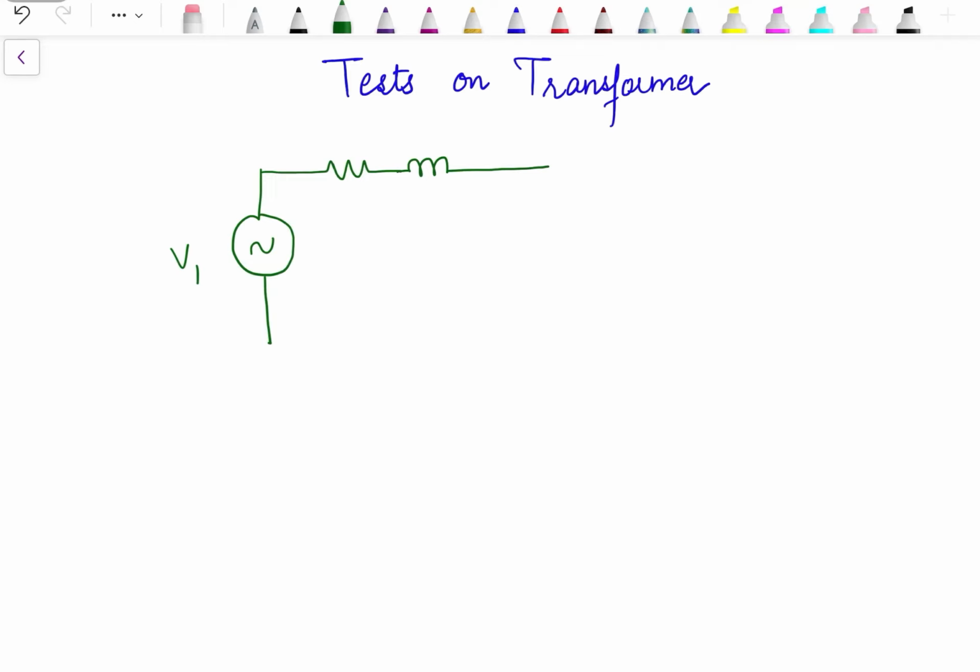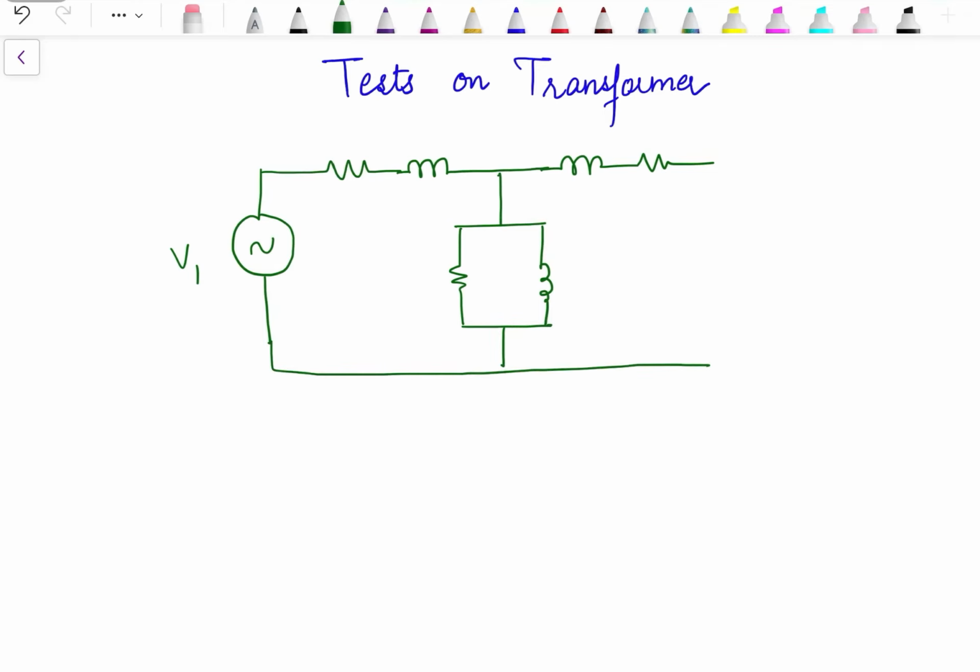And also the reactances are of the primary side, on the secondary side, and as well as reactance and resistance are there in the shunt branch of the transformer. So this is how the equivalent circuit of a transformer looks like, which is referred to primary side.